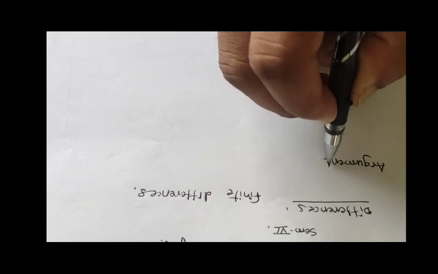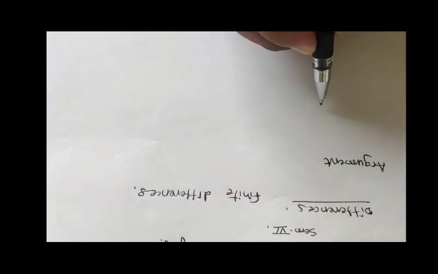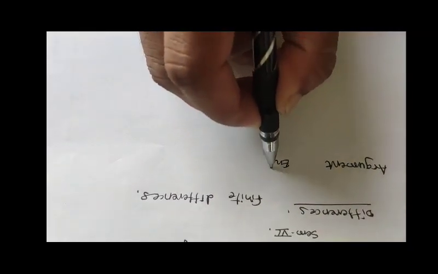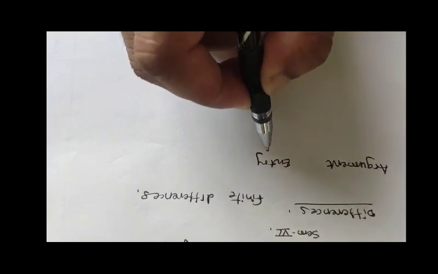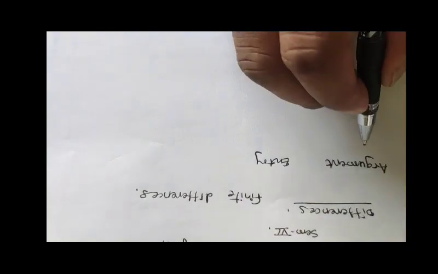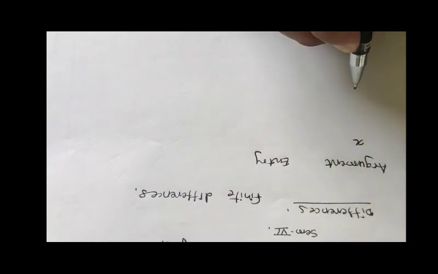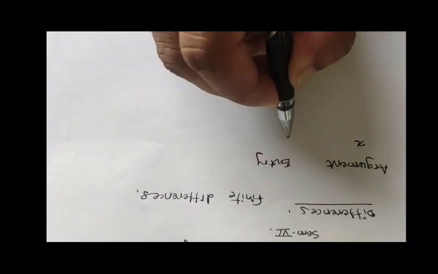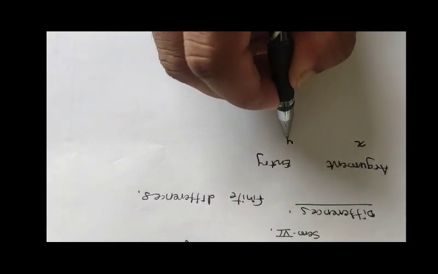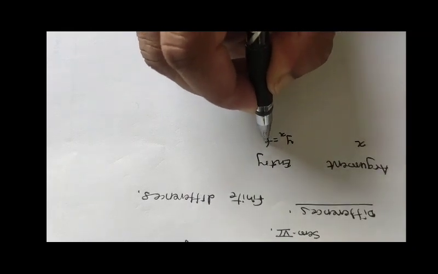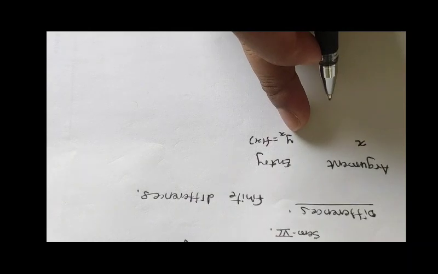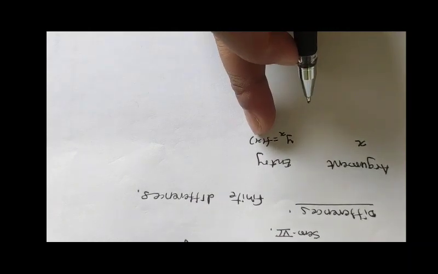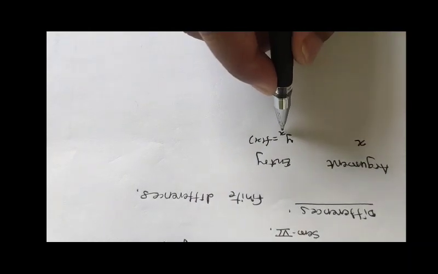This is the argument, and this is the entry of that function. The argument I indicate by x, and the entry we denote by y x equal to f of x, because y is given in terms of x.